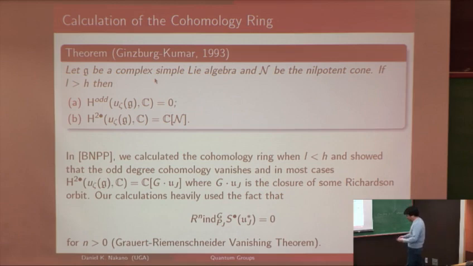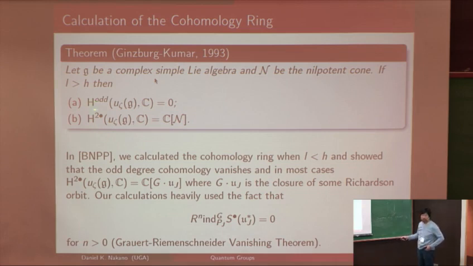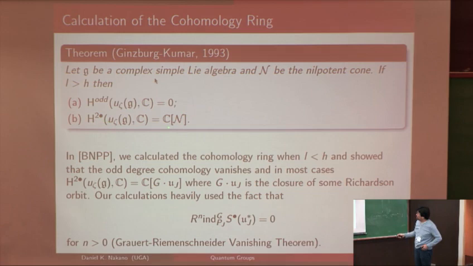I want to look at the cohomology of the trivial module with itself, which is a ring under the Yoneda product. What this theorem says is that the odd degree cohomology will all vanish, and the even degree cohomology will identify with the coordinate ring on the nilpotent cone.